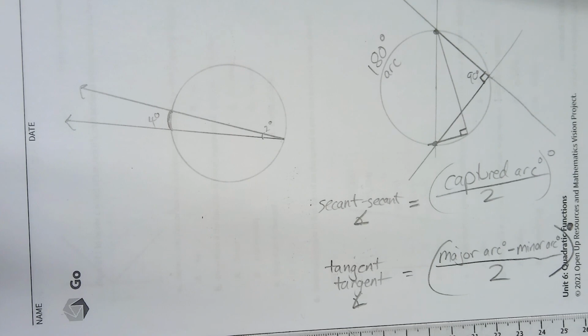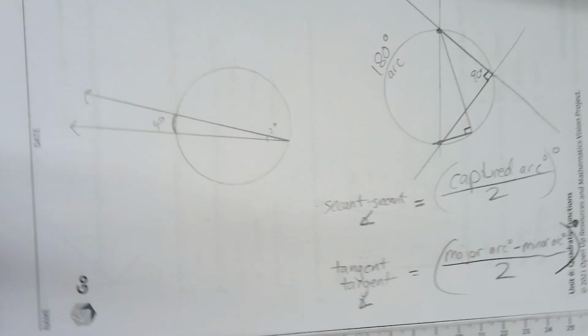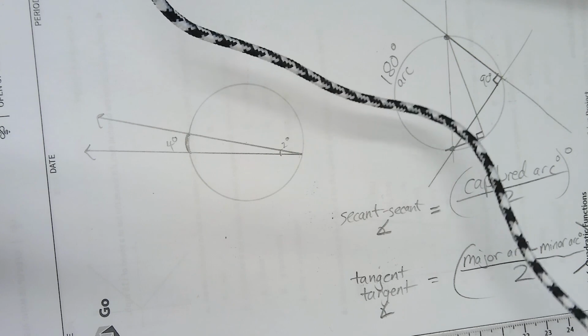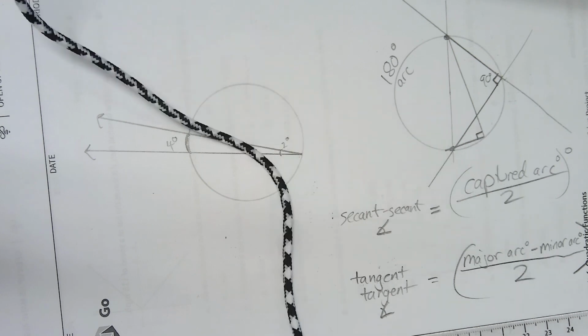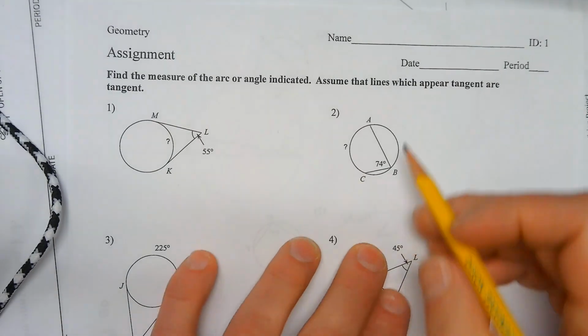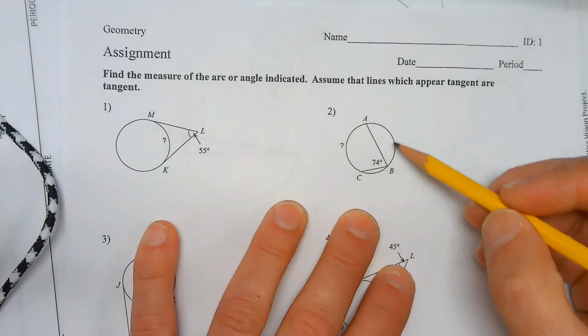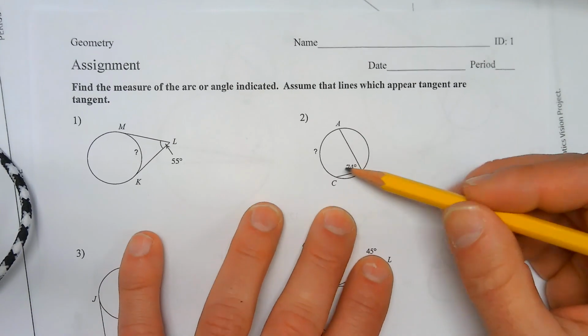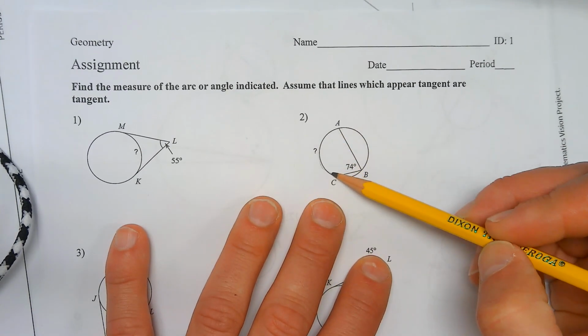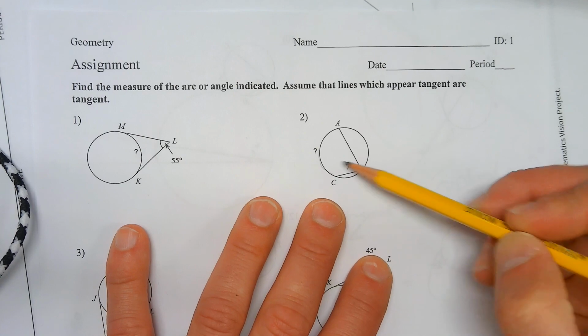Let's do a quick example. Wait a second, Mr. Avden. You just gave us the arc and asked us to find the angle, but now you give us the angle and we have to find the arc.